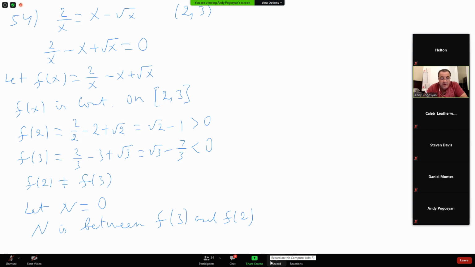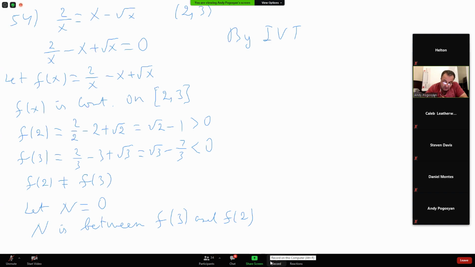So that means 0 is going to be between those two. Now, by the intermediate value theorem, all the hypotheses are satisfied. f of x is continuous, f at 2 is not equal to f of 3, and n is between those two.